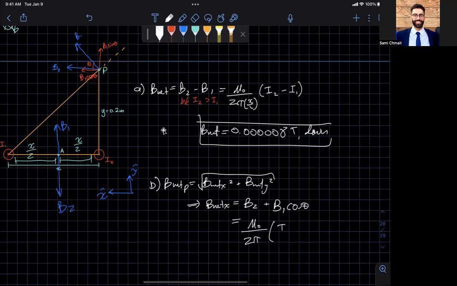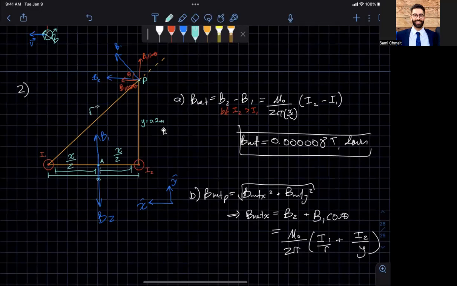What we're left with is I1 over R, and we'll call this R, plus I2 over Y. We don't know what R is, but you can calculate R by Pythagoras. R is equal to 0.22 meters. We don't know what theta is, but theta can be found with tan theta equals 0.1 over 0.2. So theta is going to be equal to 26.6 degrees.